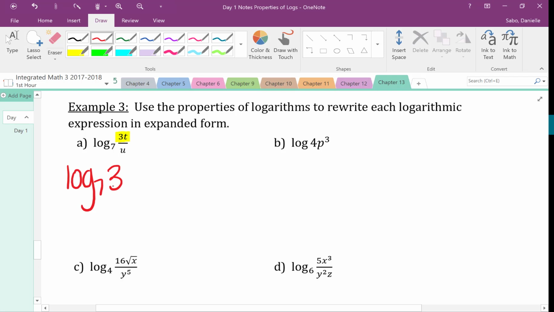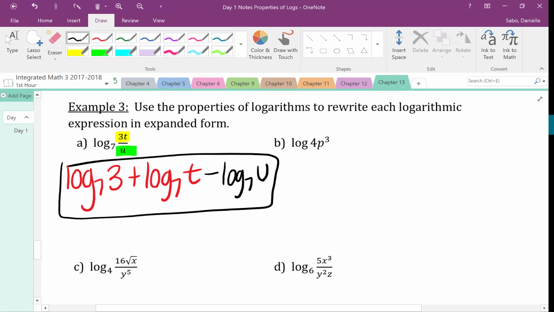So 3 plus log base 7 of t. We took care of the top. What operation goes with division in terms of logs? Subtracting. So now I'm going to subtract log 7 of u.